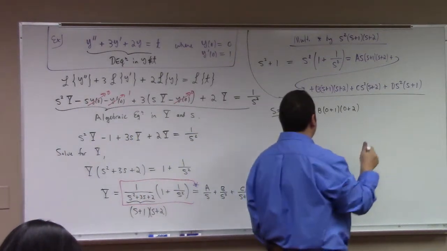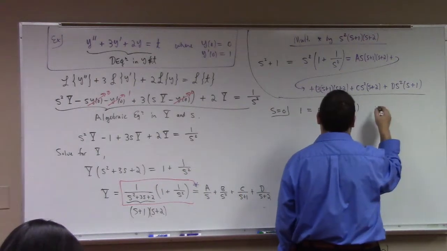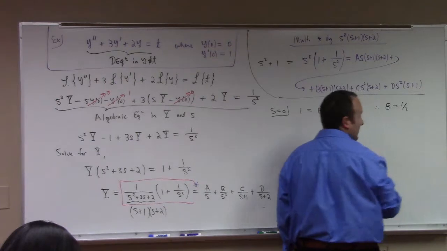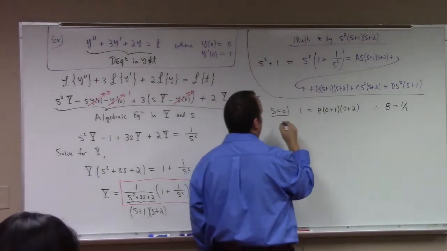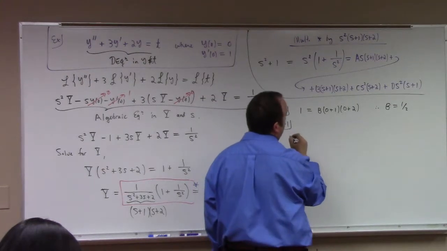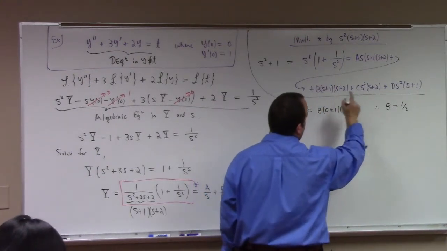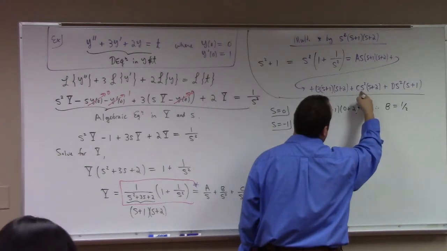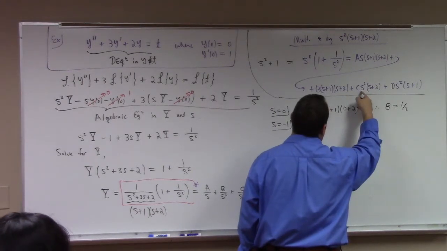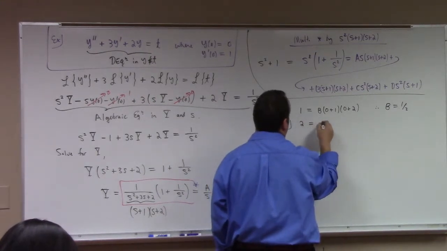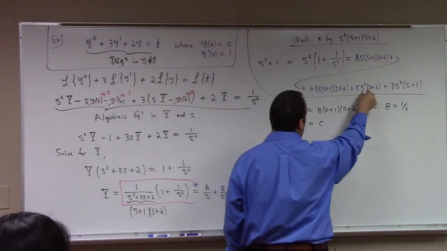Okay, so s equals 0, which is 1, 0 plus 1, 0 plus 2. So apparently 2b is equal to 1. B is equal to a half. Okay, let me stop my jibber jabbering. S equals minus 1. Gone, gone, gone. We're just left with this one, which is just c, right? So we get 2 is equal to c, because I got minus 1 squared times 1.